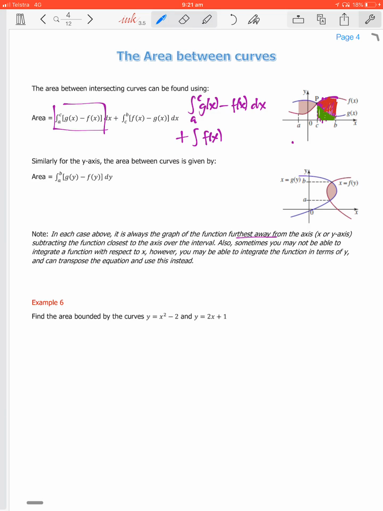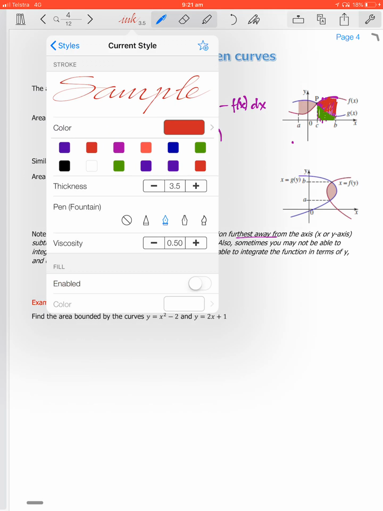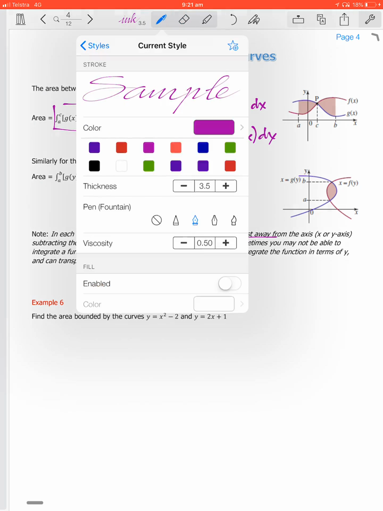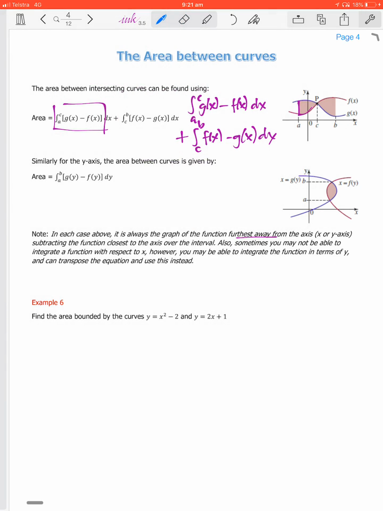So in this case, we would use the boundary C to B, f of x minus g of x dx, and that would give us the two areas between those outside bounds, so A to C, and then from C to B.